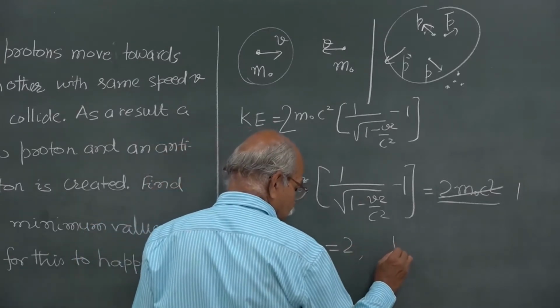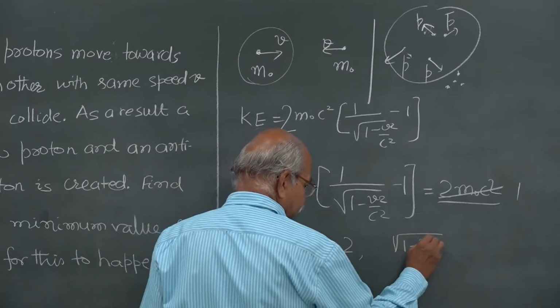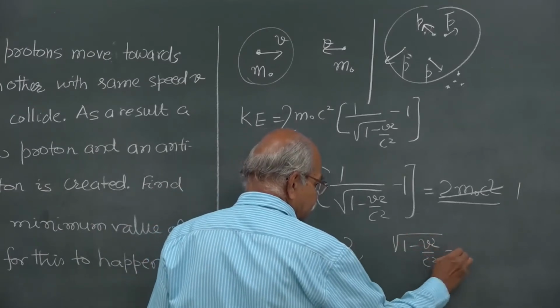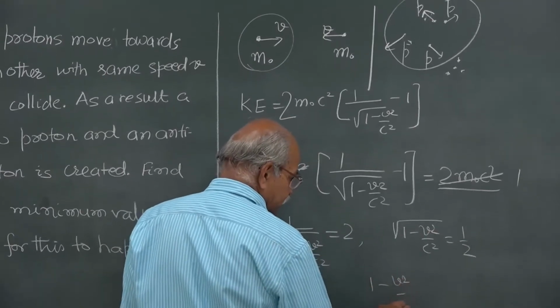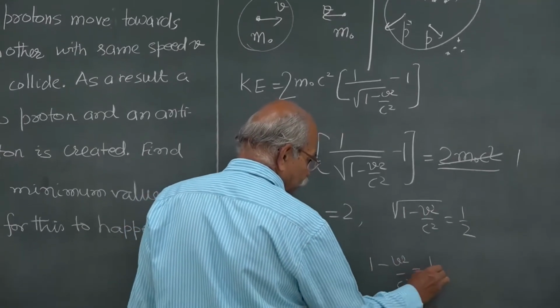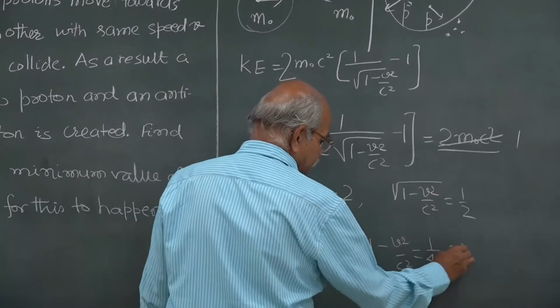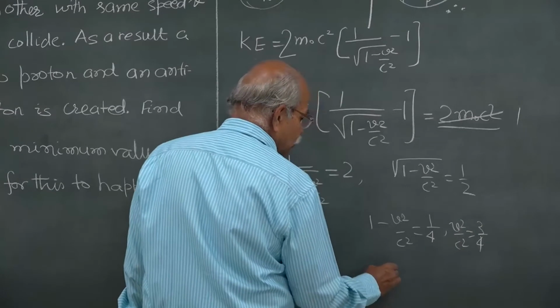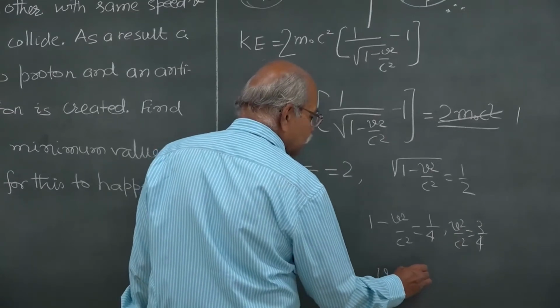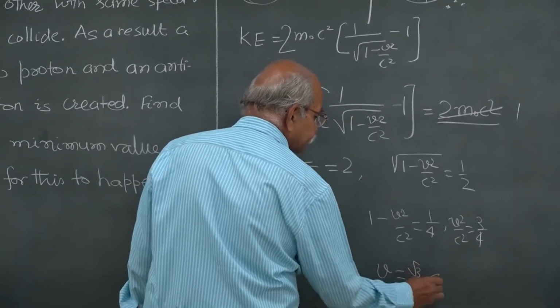So, square root of 1 minus v square by c square is 1 by 2. So, 1 minus v square by c square is 1 by 4, v square by c square is 3 by 4, and therefore v should be equal to square root 3 by 2 into c.